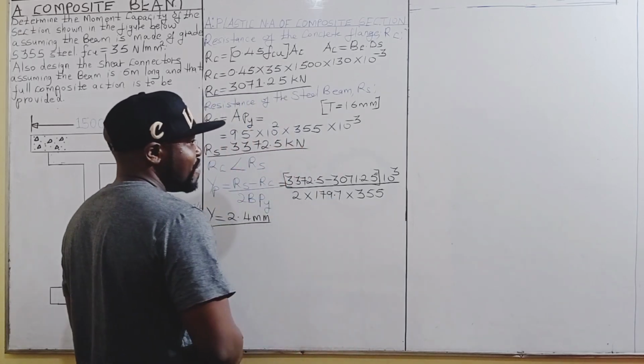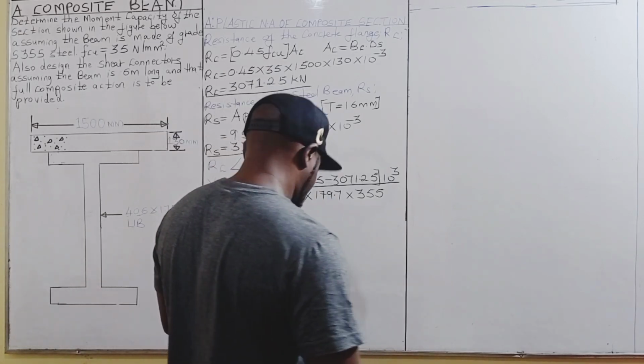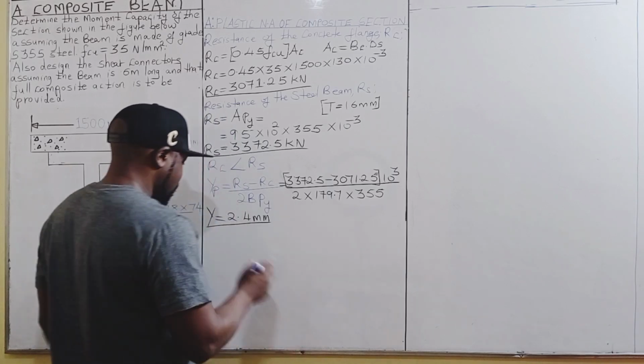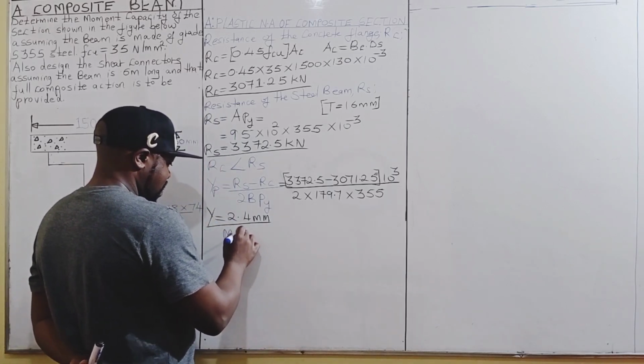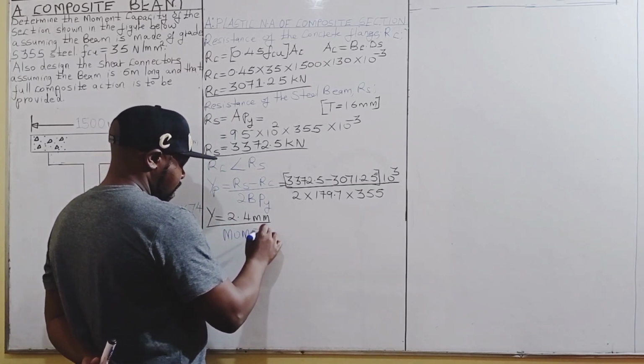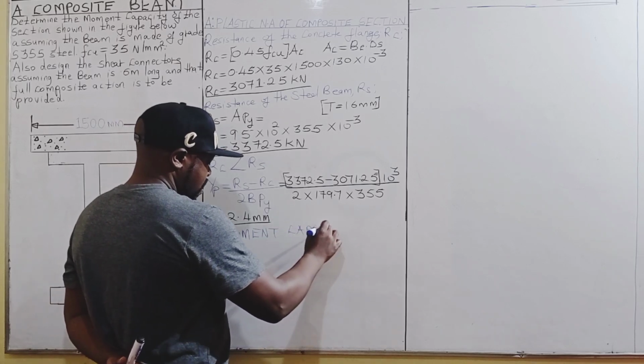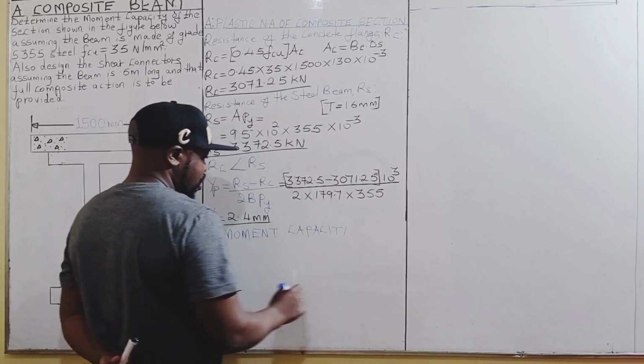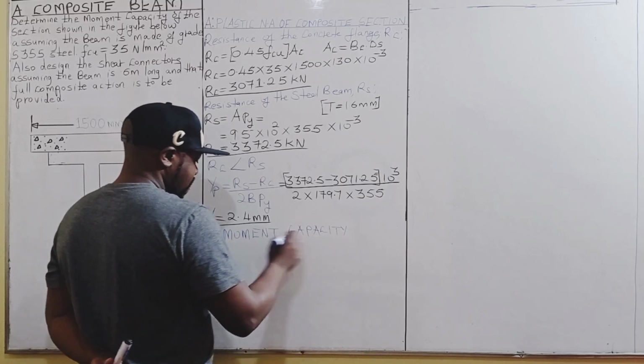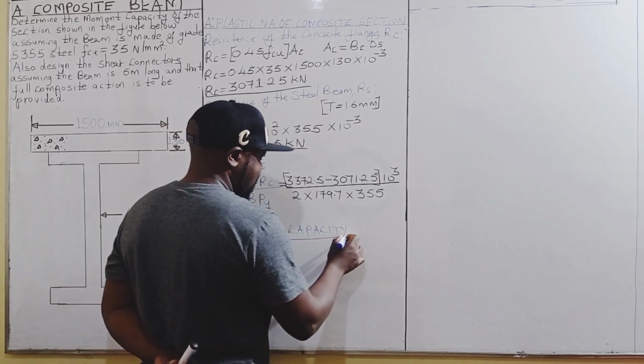Then from there, we are now going to calculate the moment capacity of the composite beam section, that is MC.